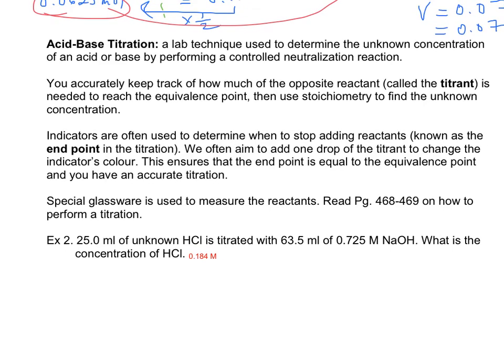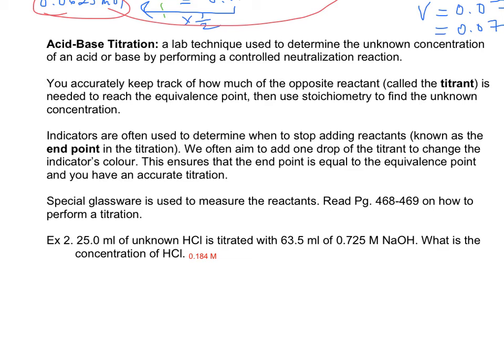Scientists frequently have acids and bases of unknown concentration, and they need to identify them. They achieve this by performing a controlled neutralization reaction. This lab technique is known as an acid-base titration. You accurately keep track of how much of the opposite reactant is needed to reach the equivalence point.